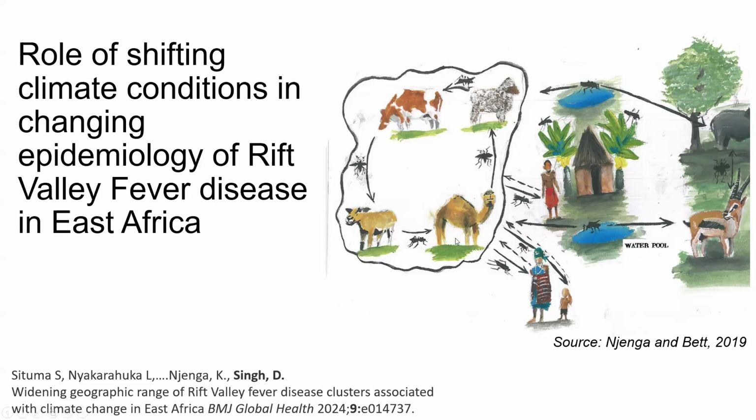There have been several RVF epidemics since 1931. But recently, my colleagues who are studying this disease have noticed that there are changes in where the disease is occurring. And they were interested in understanding how climate change is impacting that.